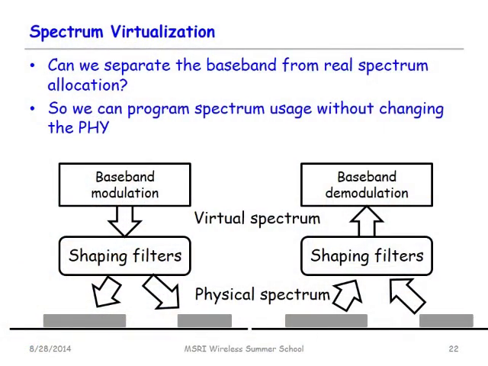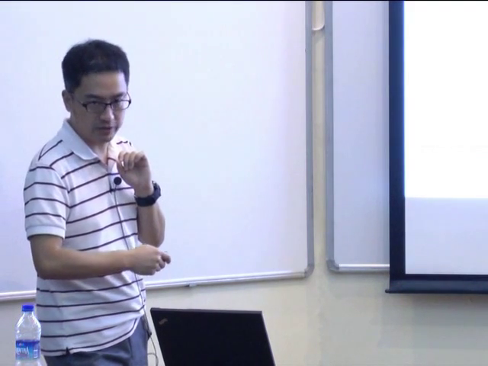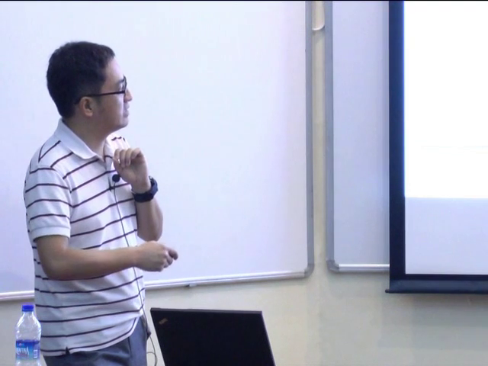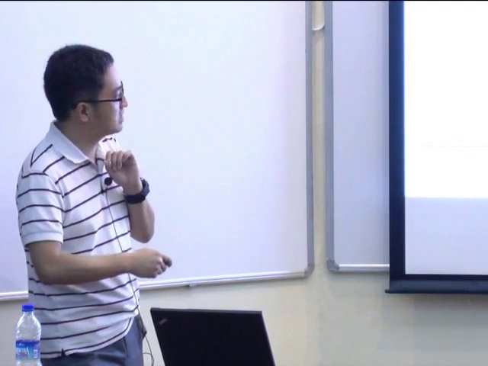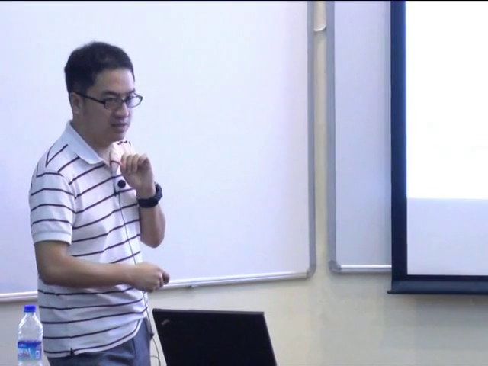So the architecture consists of the baseband, then we have a layer here to do shape filtering. Based on the baseband modulation, we reshape the baseband waveform so that it can fit into the actually allocated radio frequency bands.